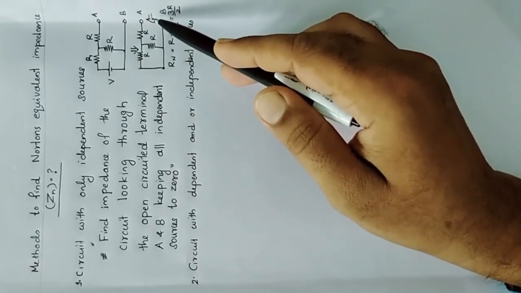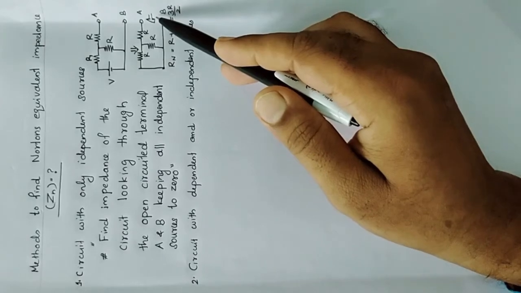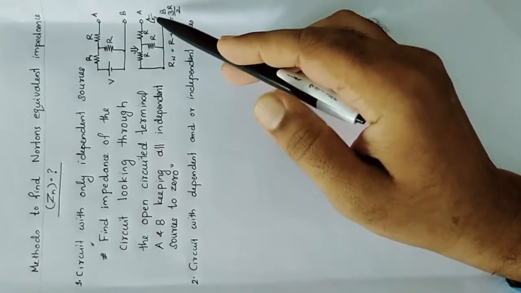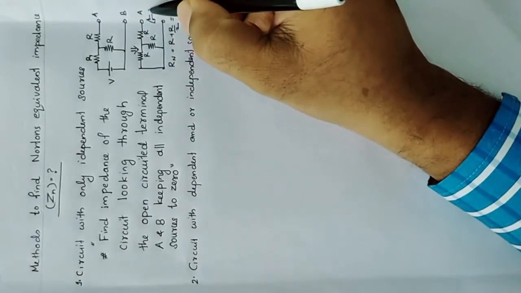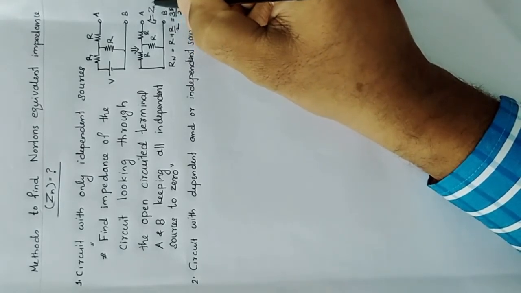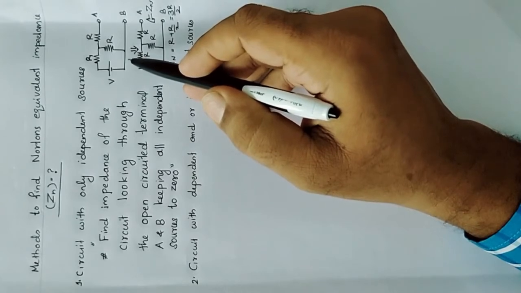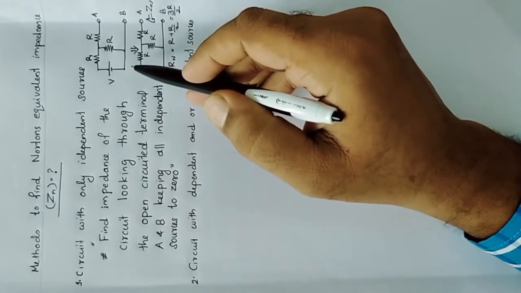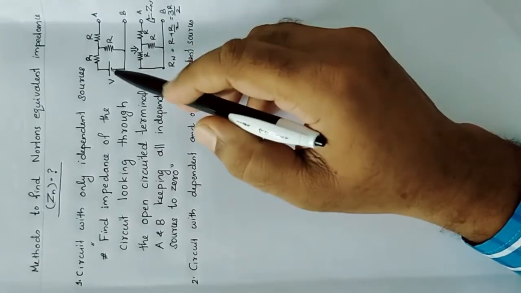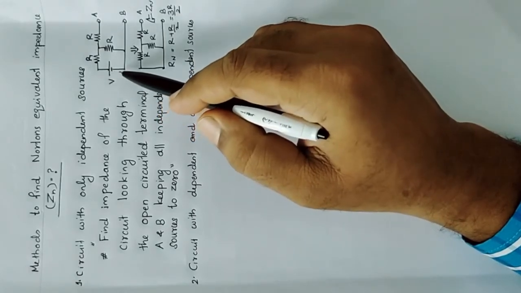In order to obtain the Norton equivalent impedance, we need to see the impedance through the open circuit terminal while making all sources zero, that is, replacing all sources with their internal impedance. In this case, only one voltage source is available.